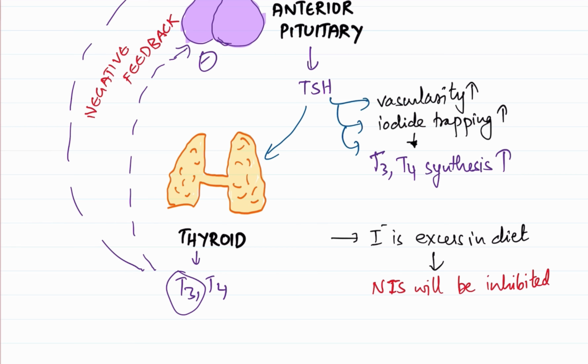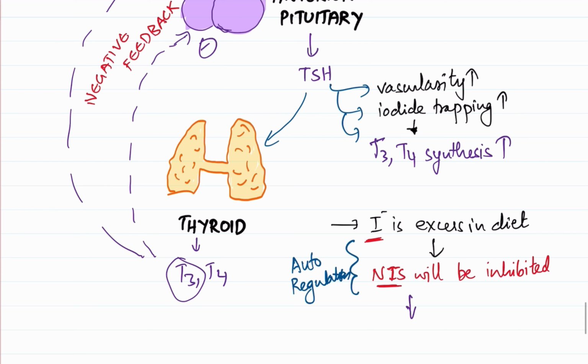And the opposite also occurs. That is, when the iodide is deficient in the diet, the activity of these NIS will be enhanced so that more iodide trapping occurs. This is an auto-regulatory mechanism by the thyroid gland itself. And the phenomenon has a name, and that is the Wolff-Chaikoff effect. So that's about the regulation.